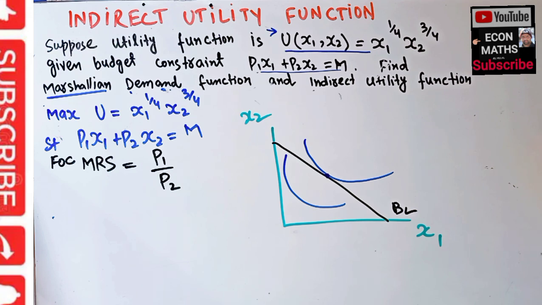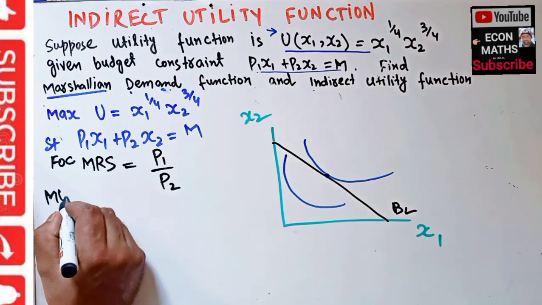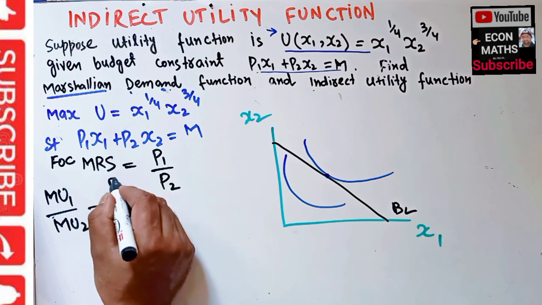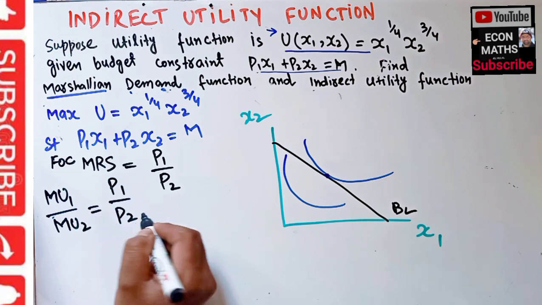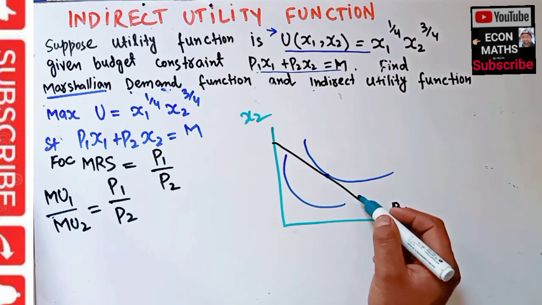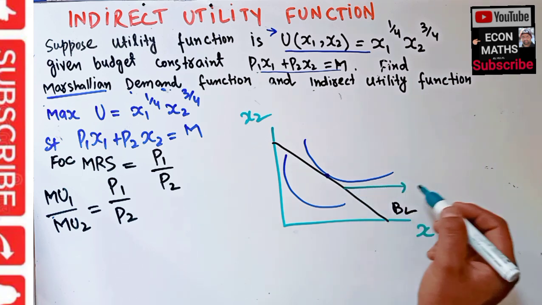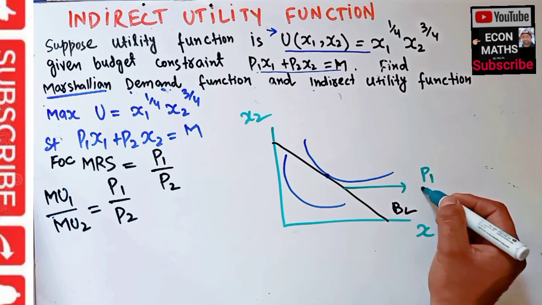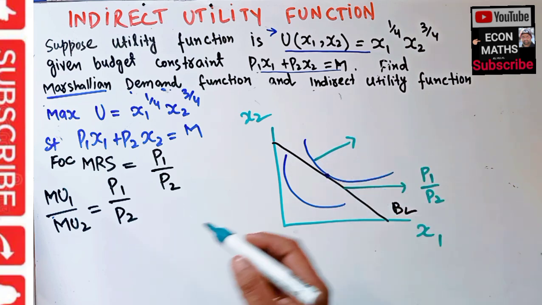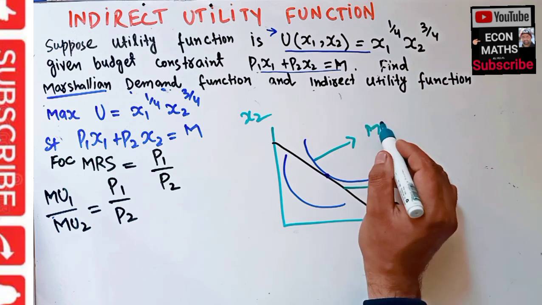What is MRS? MRS is simply the marginal utility of good 1 upon the marginal utility of good 2. It should be equal to the ratio of the prices p1 upon p2. The slope of the budget line is actually the ratio of the prices p1 upon p2, and the slope of the indifference curve is actually our MRS.